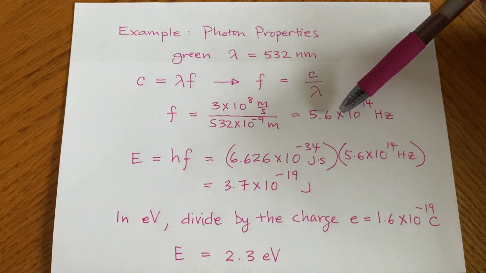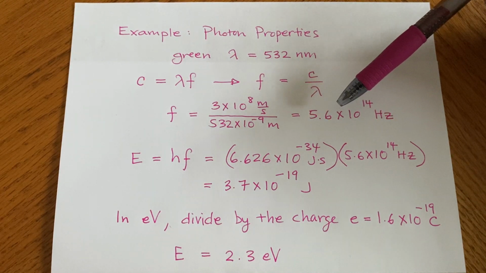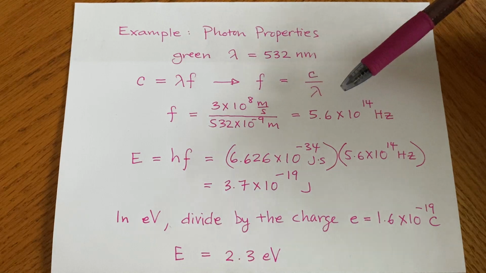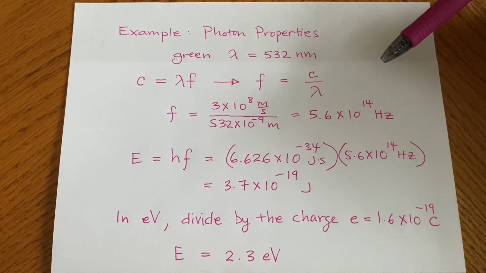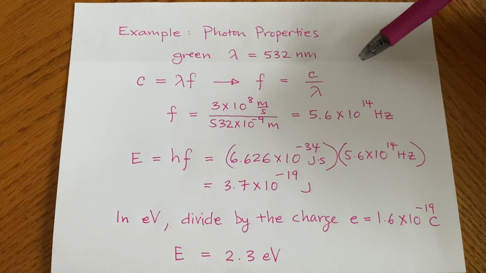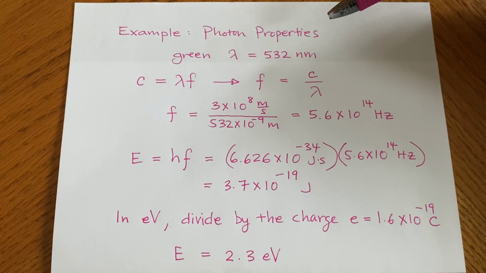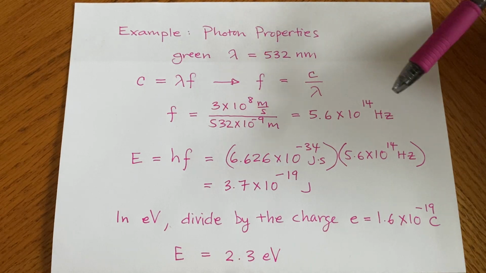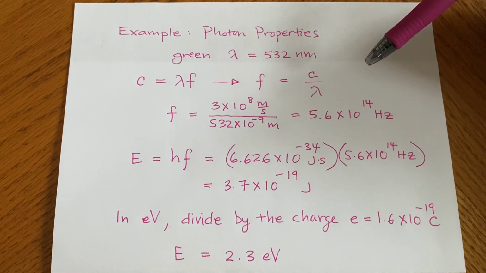Now this number is important because the energy that the photon carries is directly proportional to the frequency. So this is something new this week, that the energy of a photon is proportional to its frequency. This was first hypothesized by Max Planck, trying to make sense out of how things radiate light and why it doesn't agree with the classical theories of light and matter.